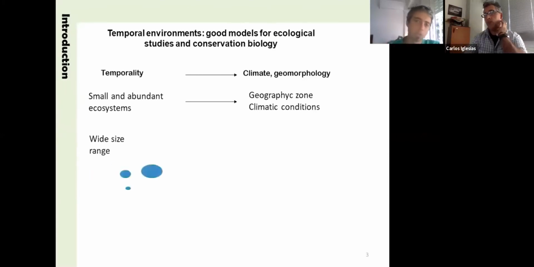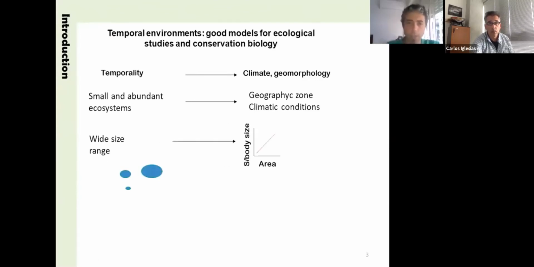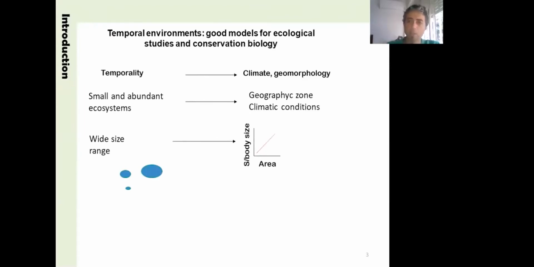They also present a wide size range, from a few meters to hectares, for example, which allows us to test hypotheses about the correlation between richness and area, and body size and area.